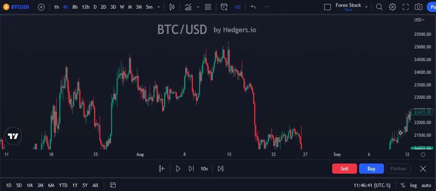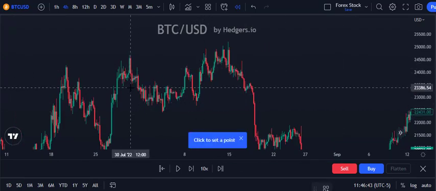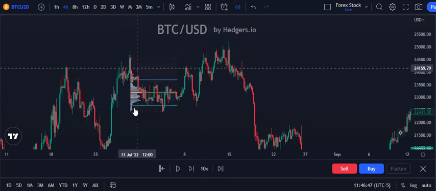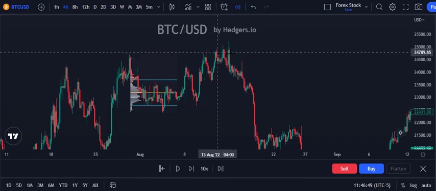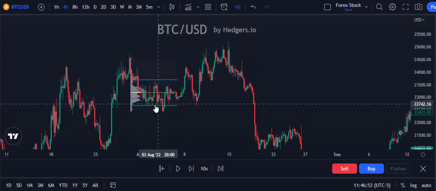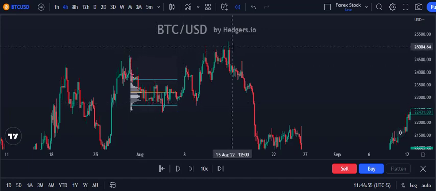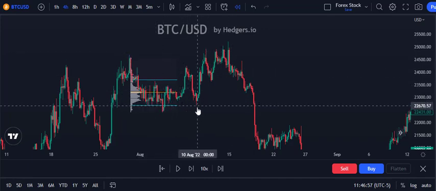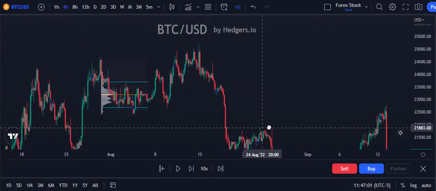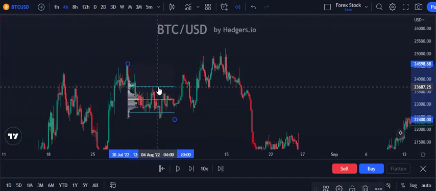I am spotting something here, as you can see. I'm spotting a B-shaped profile happening here, and that is where I think we need to be careful in longing. You need to be careful now because price is going to reverse back down as soon as possible.